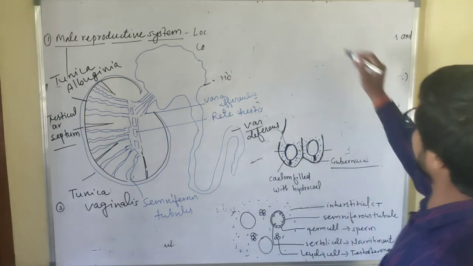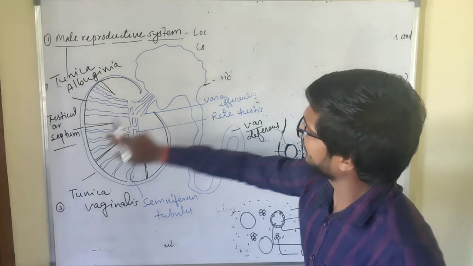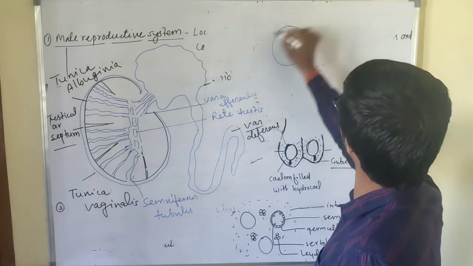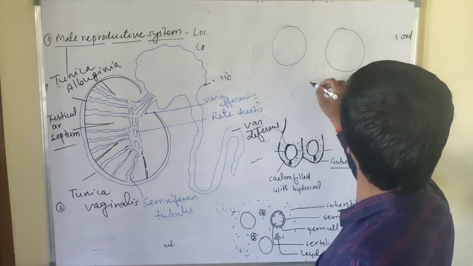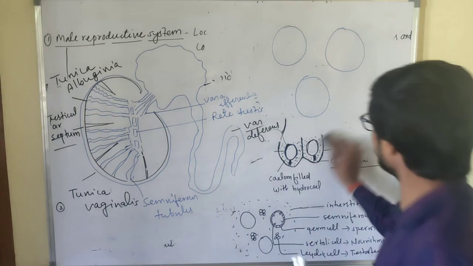If we cut a transverse section, we will get these kinds of seminiferous tubules. This type of structure we will get here.